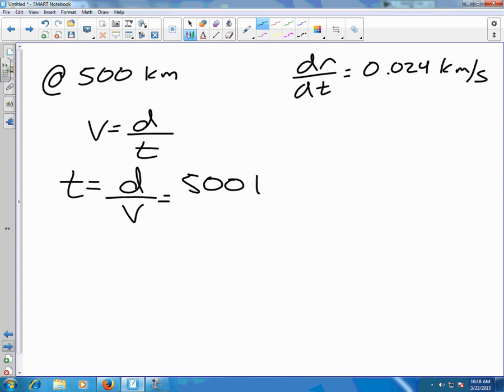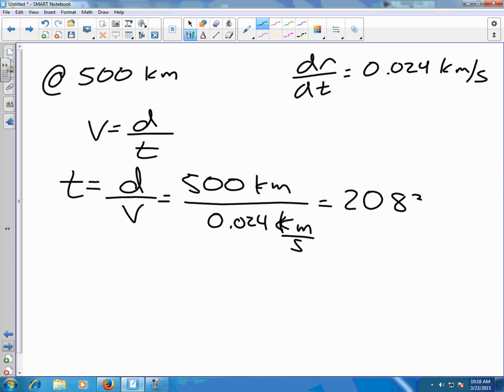which is 500 kilometers divided by 0.024 kilometers per second. 20,833. Divide that by 60. What do you get?